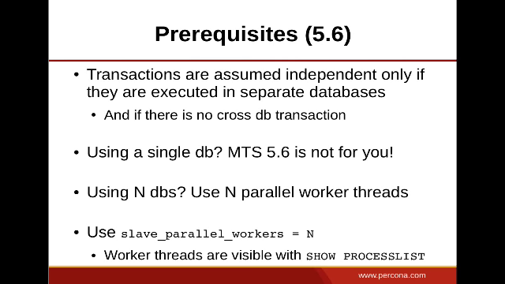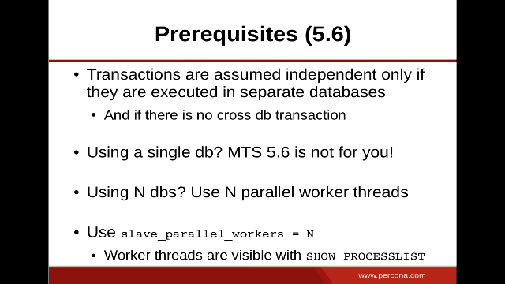And there's one extra condition: for the transactions to be executed in parallel, cross-database transactions are not allowed, which means that if you're doing cross-DB transactions from time to time, that's not really an issue. If you're doing that a lot, you won't be able to benefit from the multi-threaded replication in 5.6. So, of course, the first prerequisite is having several DBs.